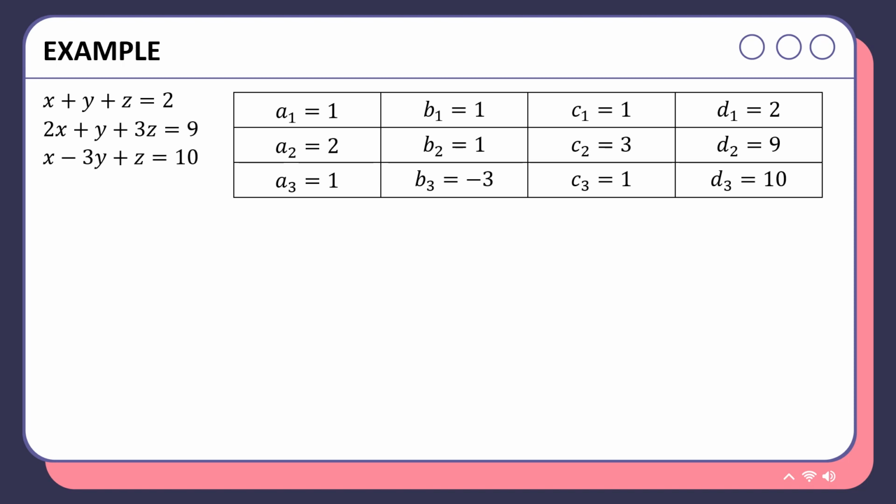And now we are going to write the matrix of D sub z. Compared to the matrix of D, we are going to replace the third column with our constant term.